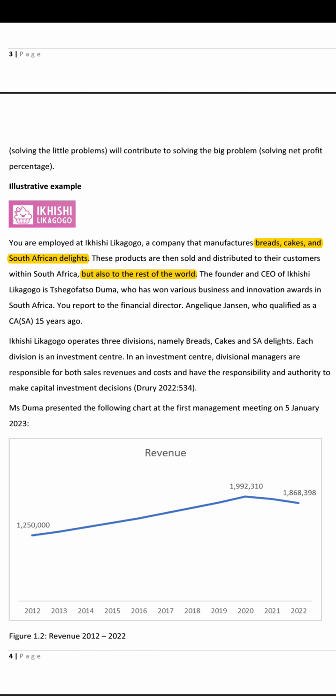So the fact that the company distributes these products all around the world shows us that the company does operate on a global scale. So from a financial perspective, we're thinking about foreign exchange, right?